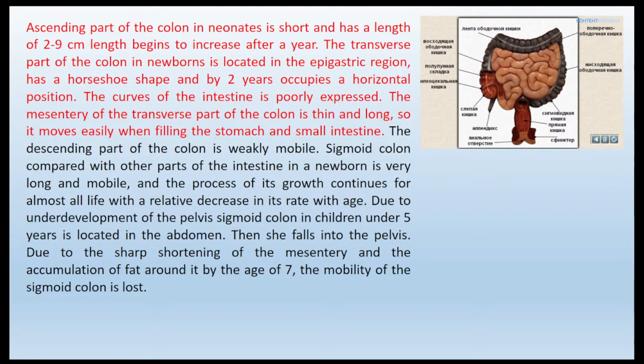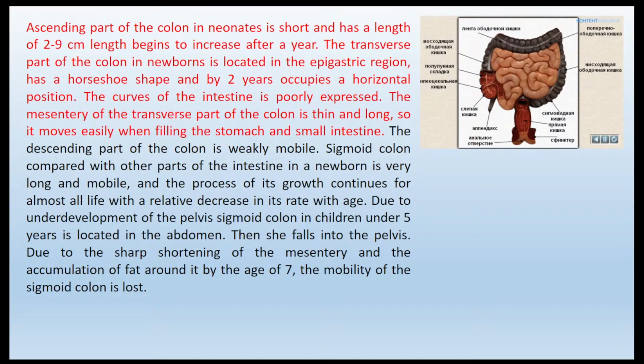The haustra of the intestine are poorly expressed. The mesentery of the transverse colon is thin and long, so it is easily displaced when the stomach and small intestine are filling. The descending part of the colon is weakly mobile.